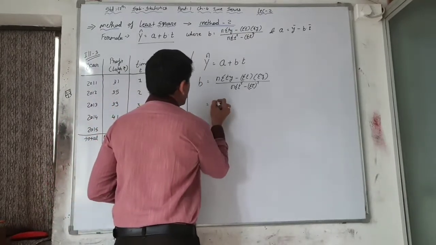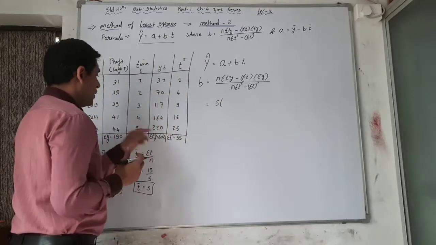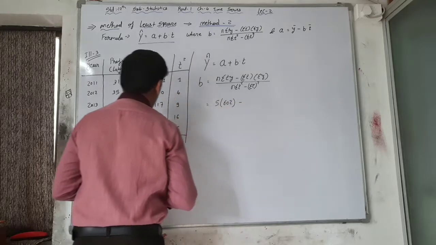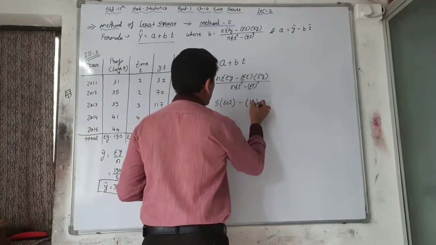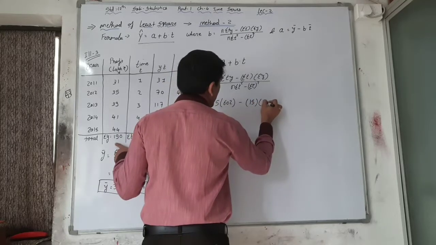So here what is your n? 5. Sigma ty is 602, minus sigma t, that is 15. See the calculation by yourself on the calculator.